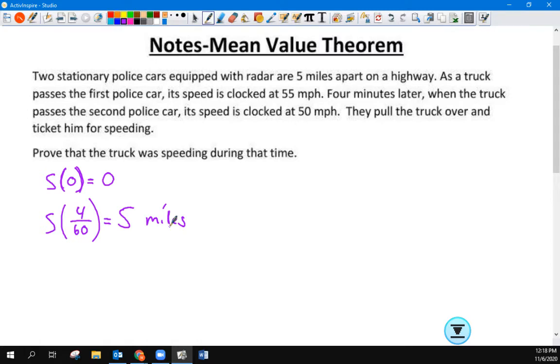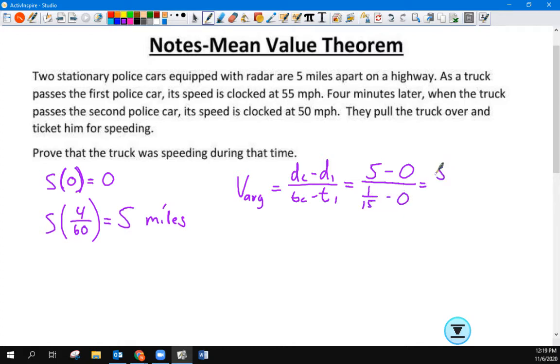So it's average velocity. If we're trying to find velocity, the average is, of course, d2 minus d1 over t2 minus t1. Our second distance is 5 miles minus our initial distance, which is 0, and our time is 1 over 15 minus our initial time of 0.